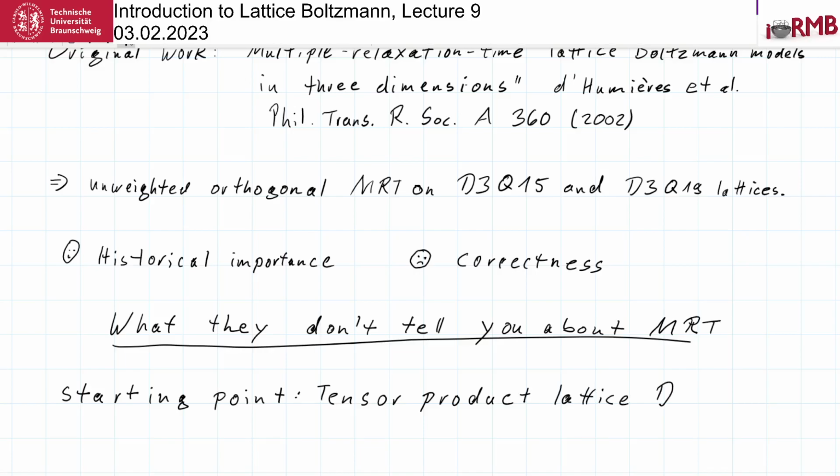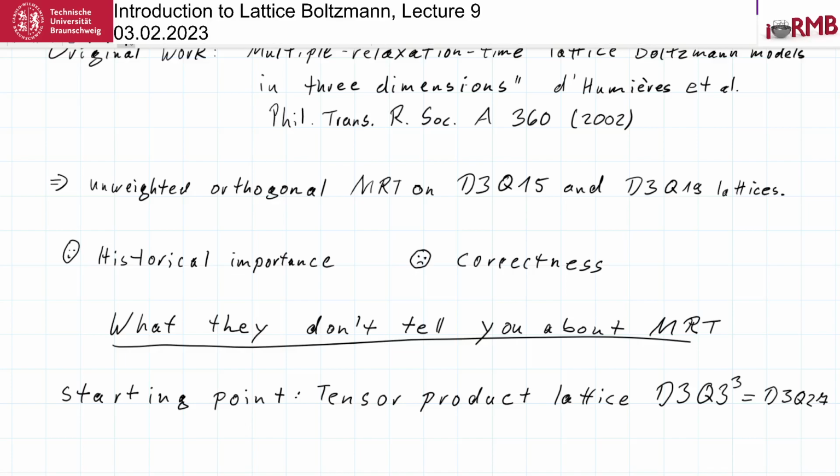We are in 3 dimensions, so it's D3Q3 to the power of 3, so this will be D3Q27. And it's a historical fact that the tensor product lattice is actually the most logical way to start.